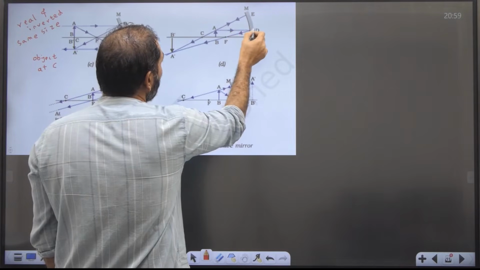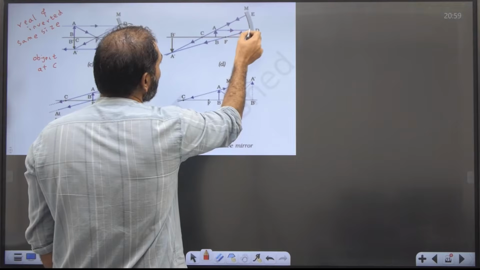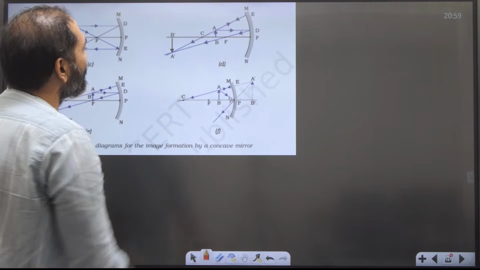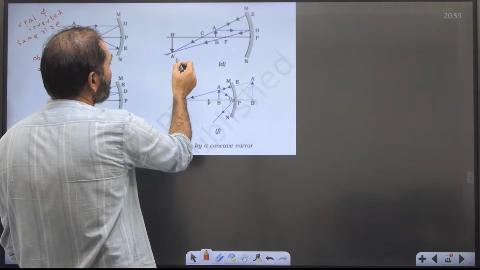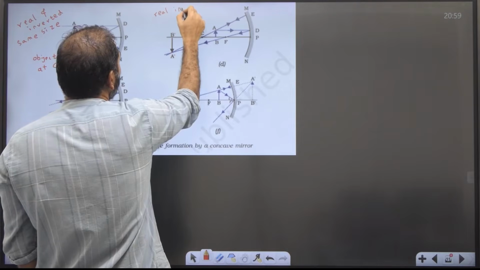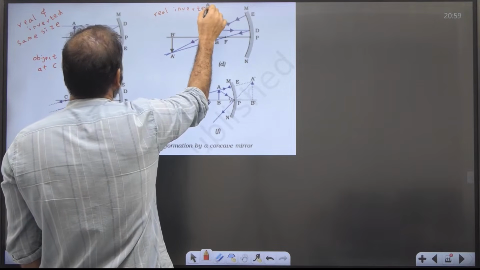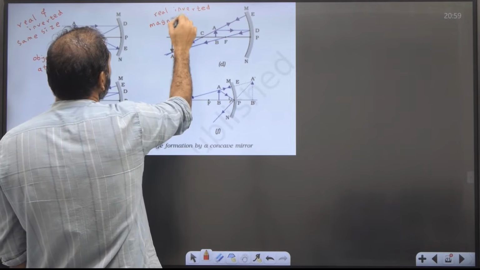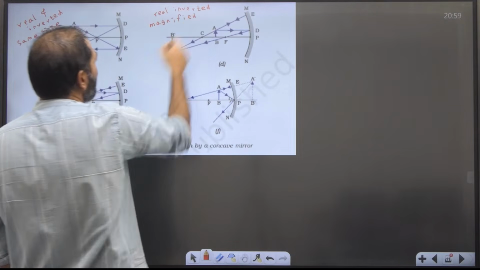Another ray falls here; since it is parallel to the principal axis, it must pass through the principal focus. The reflected rays meet at this point. So what about the image? Real, inverted, and magnified. Why magnified? Because the image size is greater than the object size.